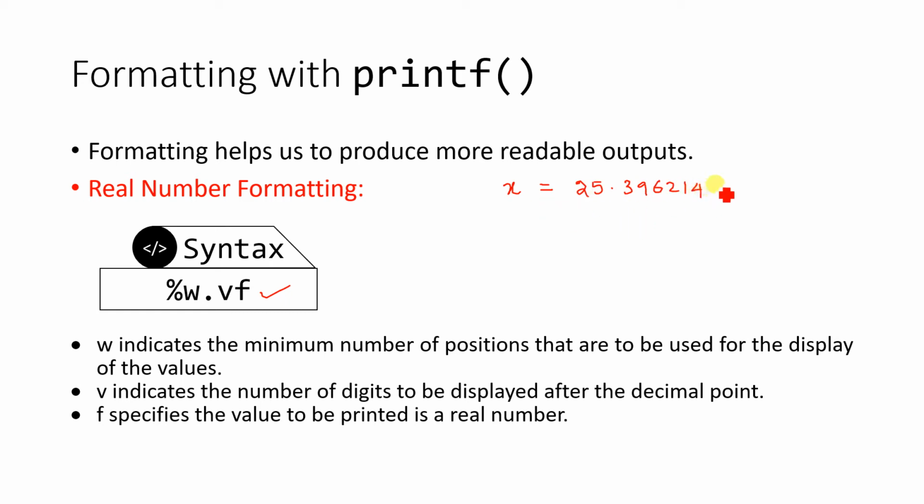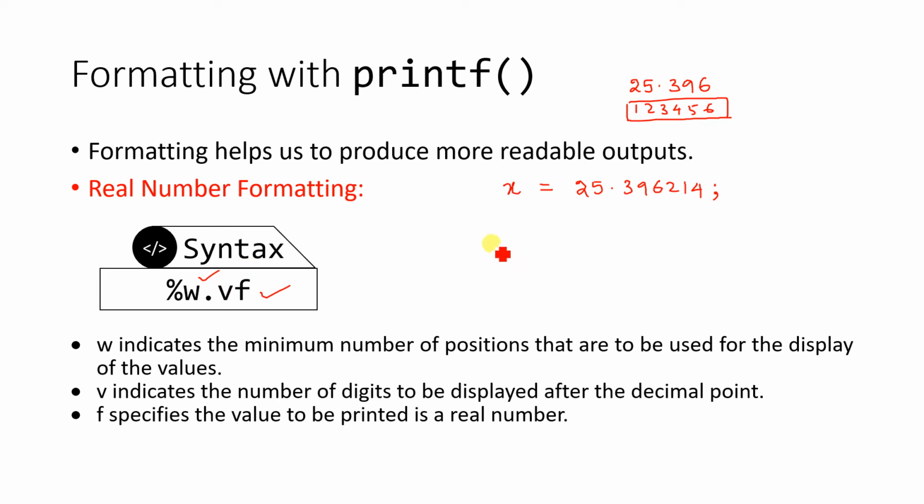But you want to display it up to 3 decimal places, that is, you want to display 25.396 on the screen. How many characters is that? 1, 2, this dot is also a character, 3, 4, 5, 6. So 6 characters need to be displayed on the screen, so your W must specify those 6 characters.